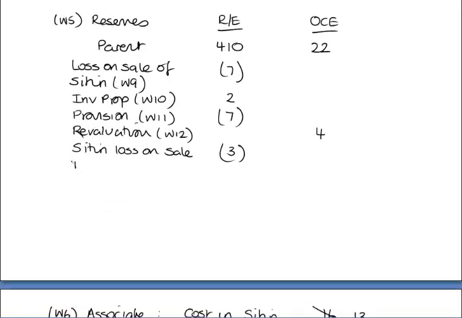So we've got our impairment, working number 13, is 28 million.